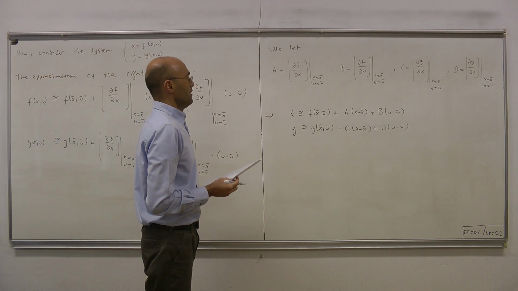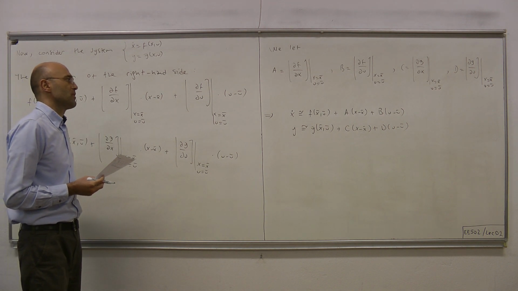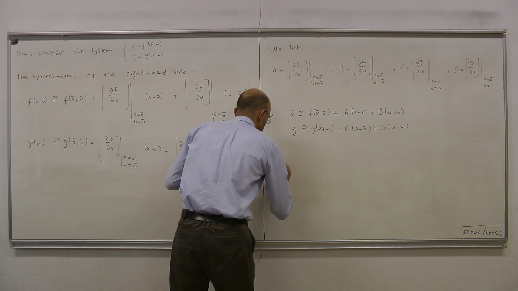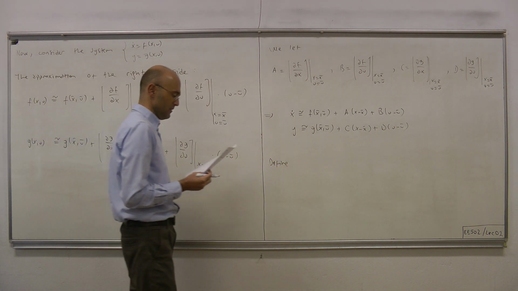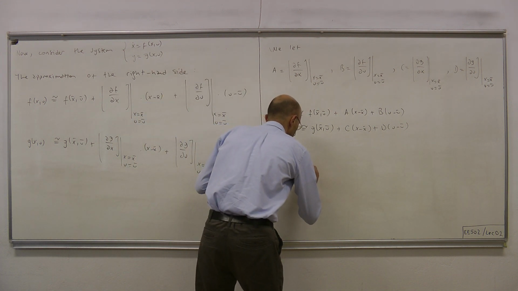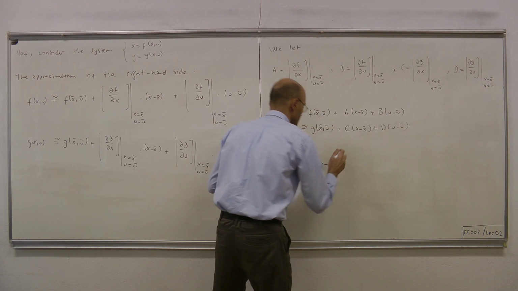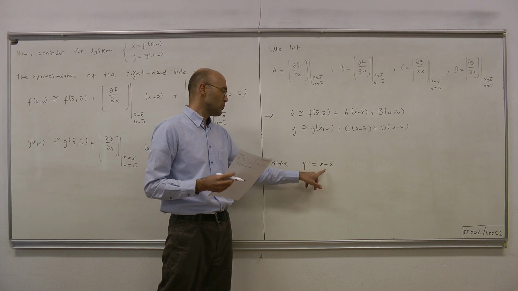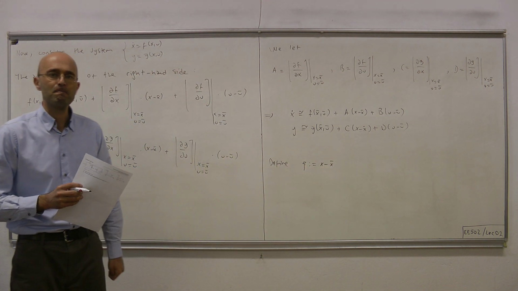Now, given this approximation, we're going to introduce a further notation to help us see certain things a little bit easier. Define psi as x minus x bar. So this is psi of t, it's a variable, it equals x of t minus the fixed point in space x bar.